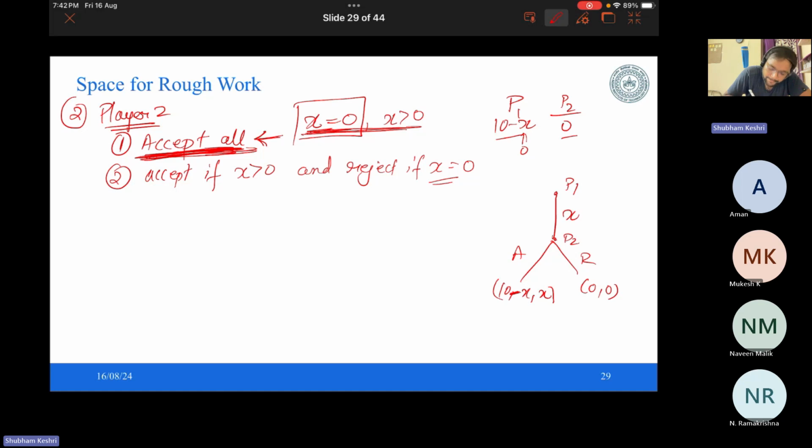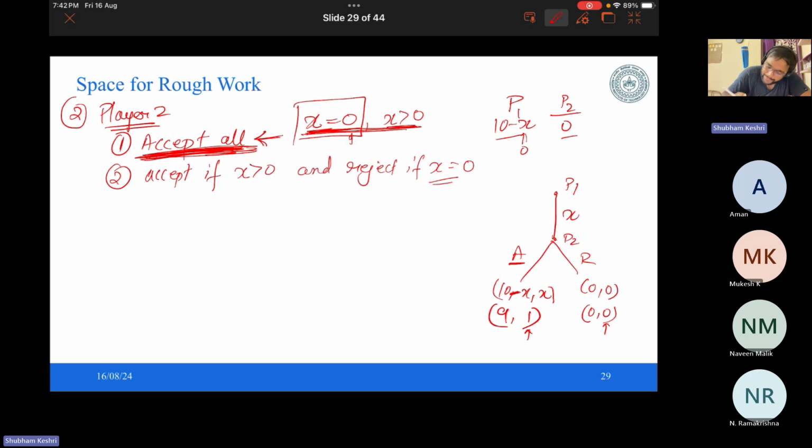So when the strategy of player 2 is accept all, whatever it is, and player 1 is giving a positive value, suppose it is 1, we will have 9 comma 1, and 0 comma 0. So this strategy accept all is not a Nash equilibrium, because when he is giving 1, it is more than 0.